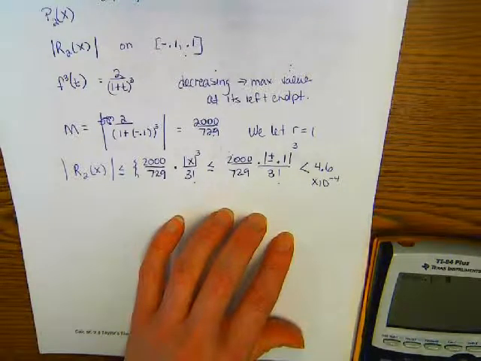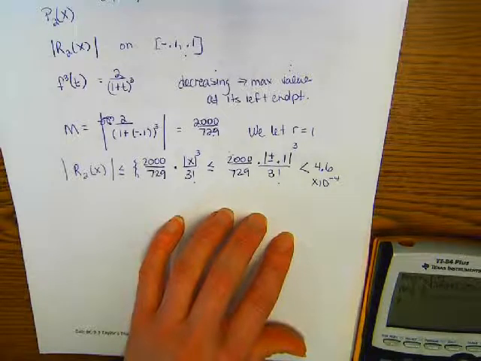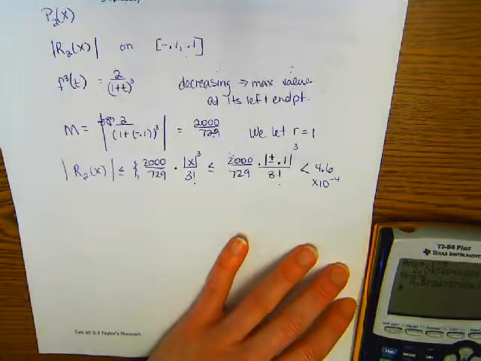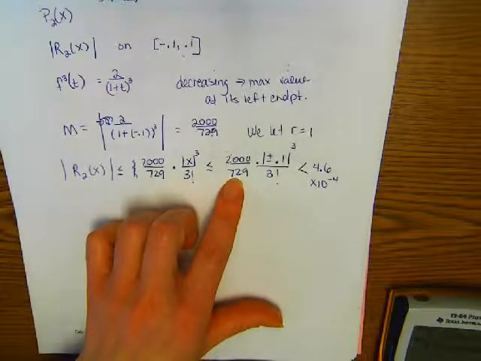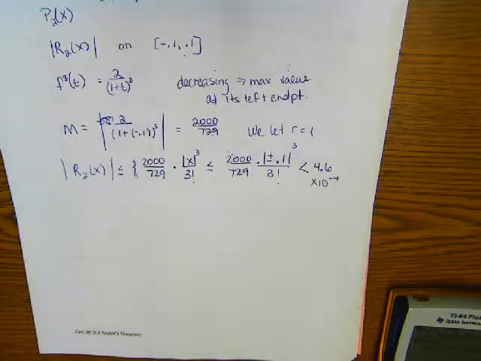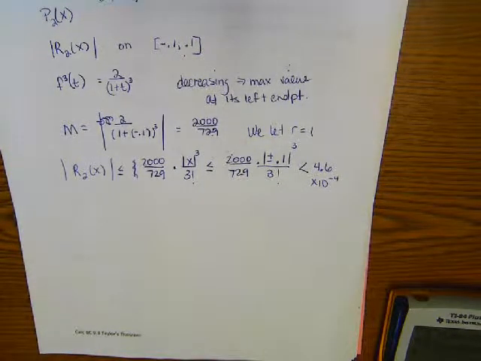Alright, I'm just checking this math here. Yeah, so if we would do that, I end up getting 4.6 times 10 to the negative fifth, but then I rounded up one decimal place just to be safe.